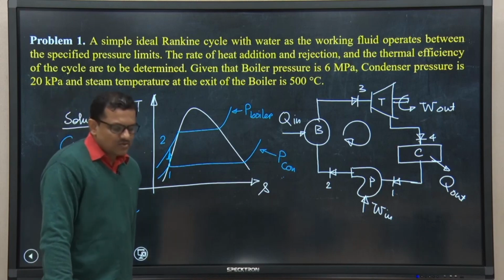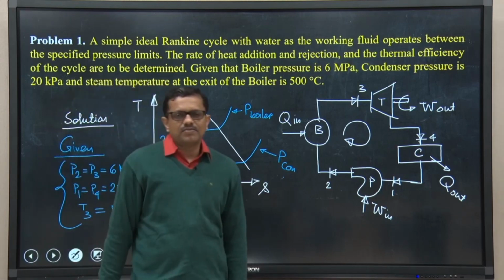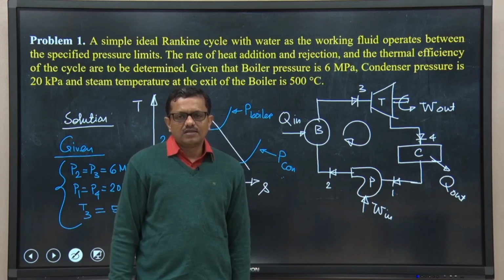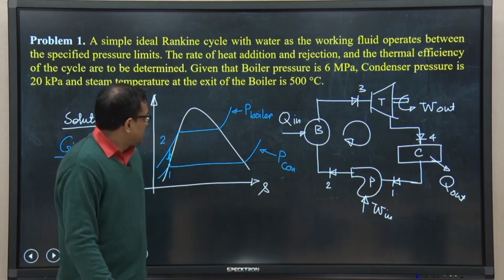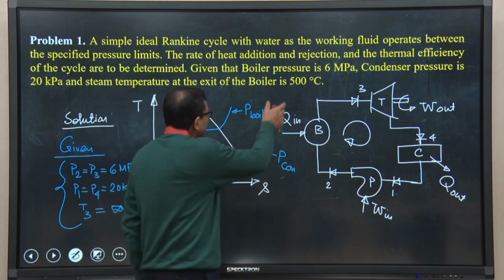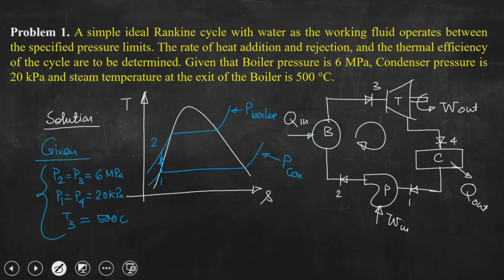You have learned to read data from the steam table in your thermodynamics course, but I am not going to discuss all that. Since this is the exit temperature of the steam at the boiler, that is the inlet condition of steam to the turbine.